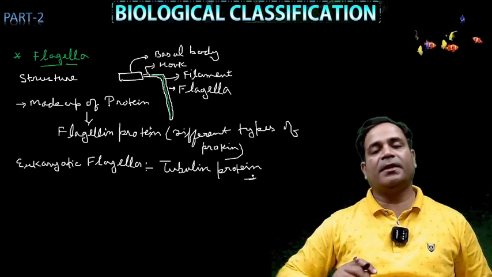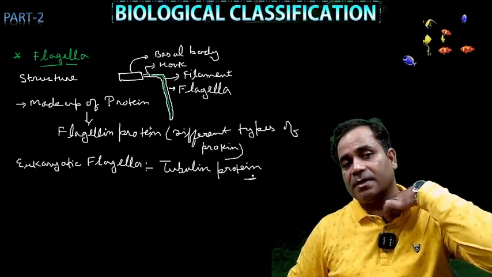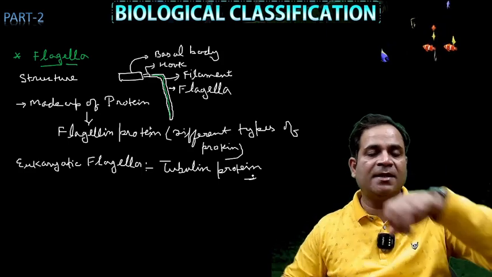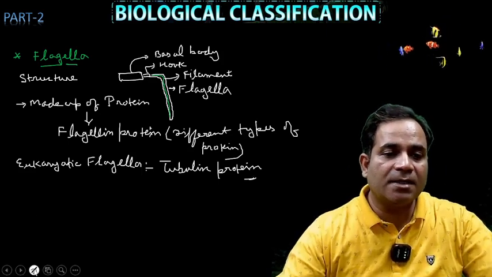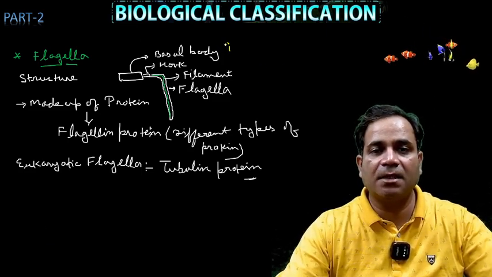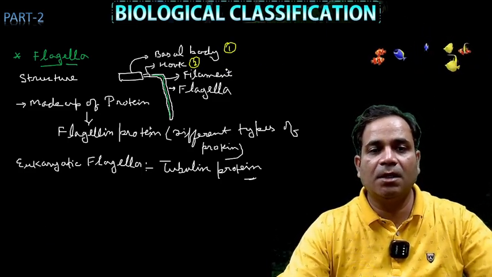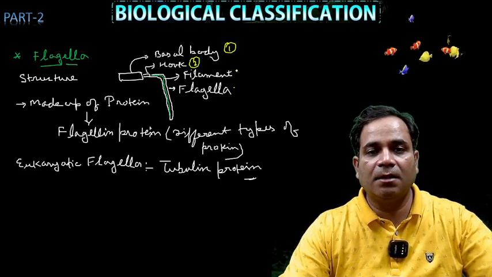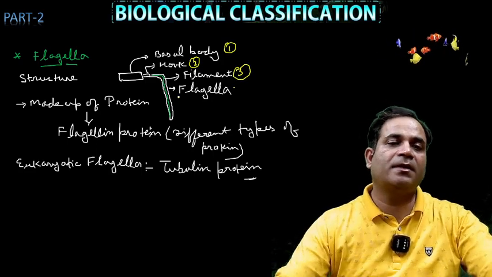So see, the important thing to know here is that the structure of flagella has three parts. Number one, basal body. Number two, hook. Number three, filament. And this one is the flagella.